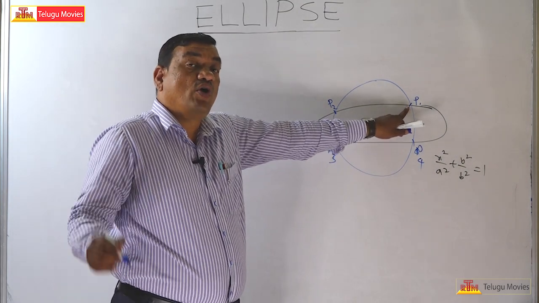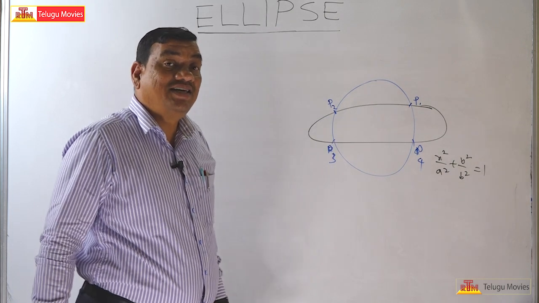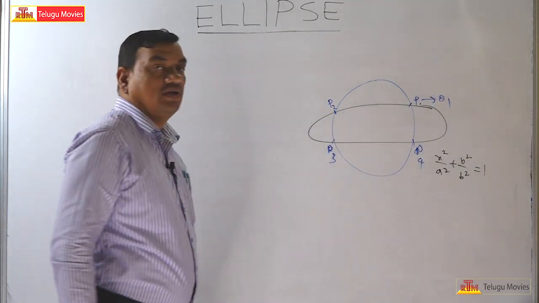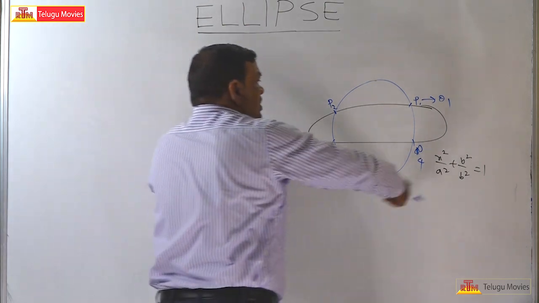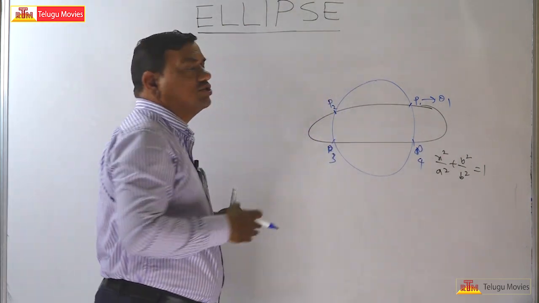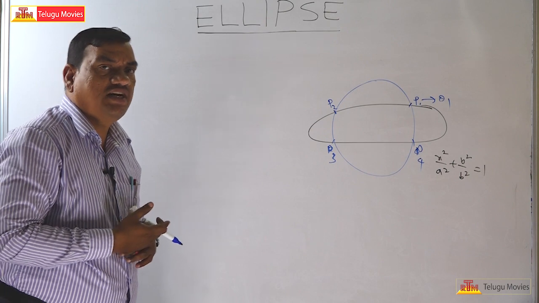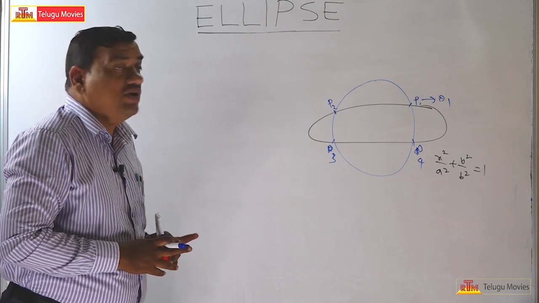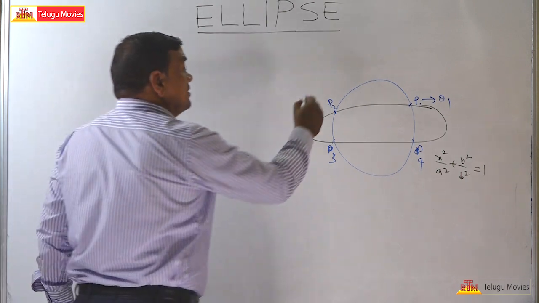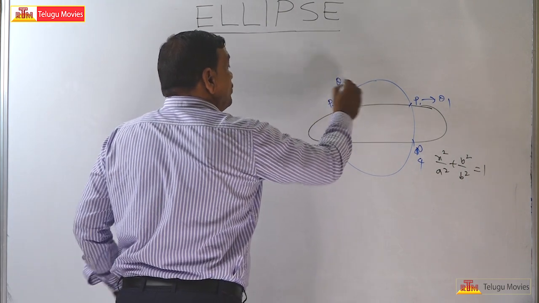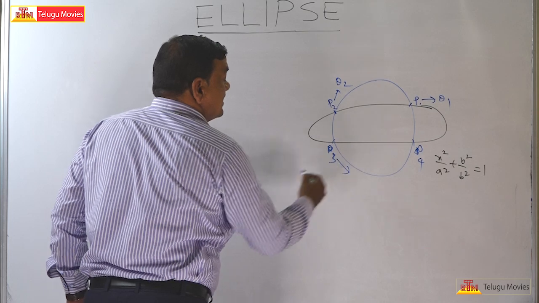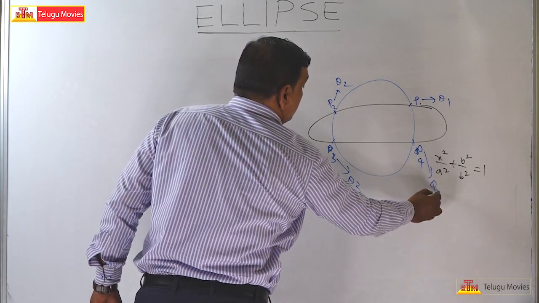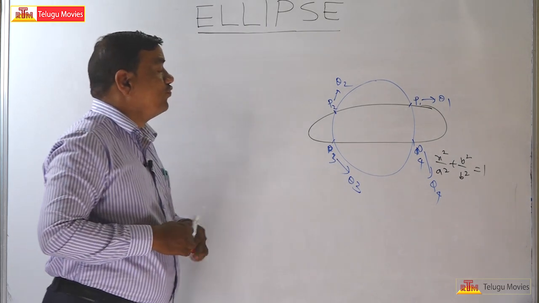P1 is a point on the ellipse. Let its eccentric angle be theta 1. Again we have to take the auxiliary circle and extend to Q1 and join with the center, all those things that I am not drawing here. So the eccentric angle of P1 is theta 1, of P2 is theta 2, of P3 is theta 3, and of P4 is theta 4.